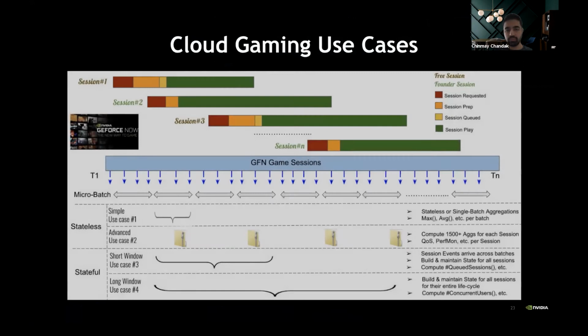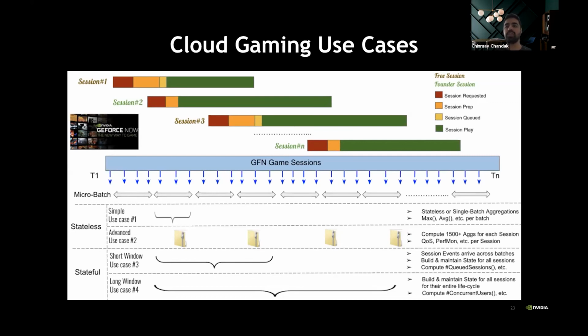So what are some of the cloud gaming use cases that we have at NVIDIA? There's a lot of stuff on this slide, so bear with me. Users that play on GeForce Now are either free users or paid users. And the way we look at it is whenever a user plays, they have a gaming session, and the session will have multiple components.